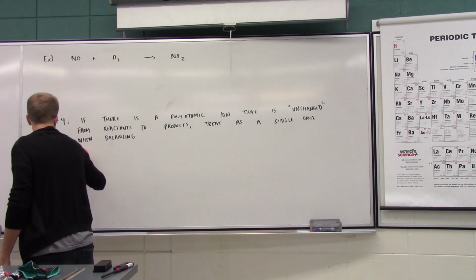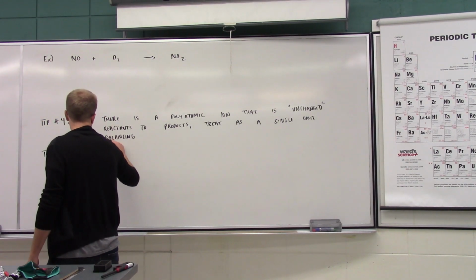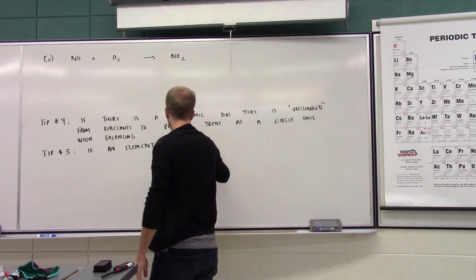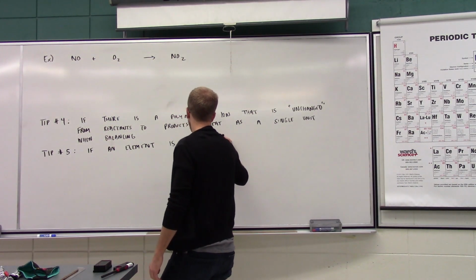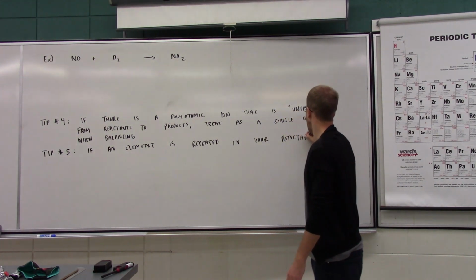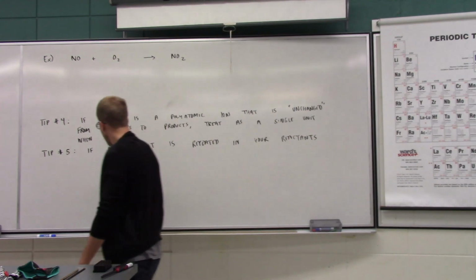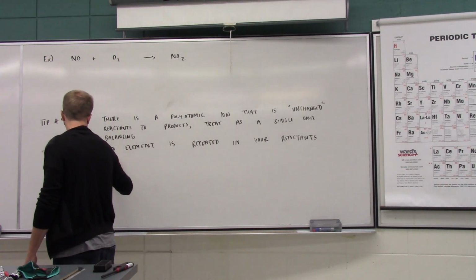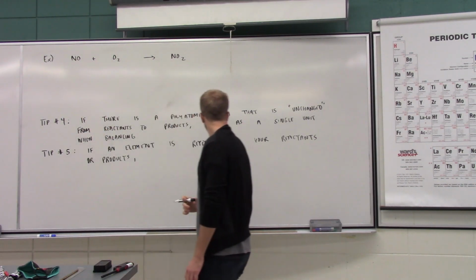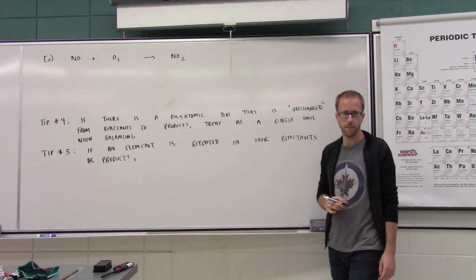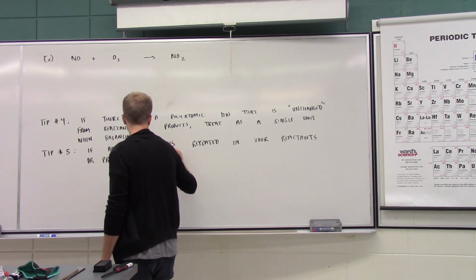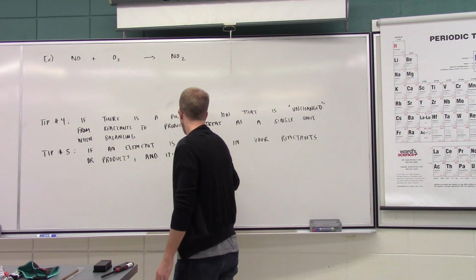So tip number 5: if an element is repeated in your reactants or products, and it's odd, right?